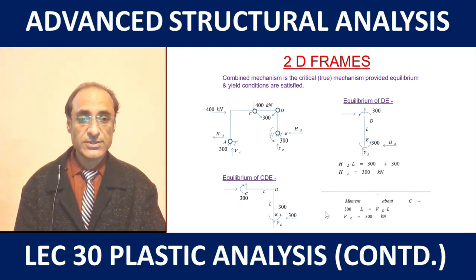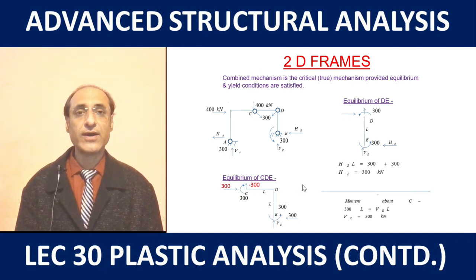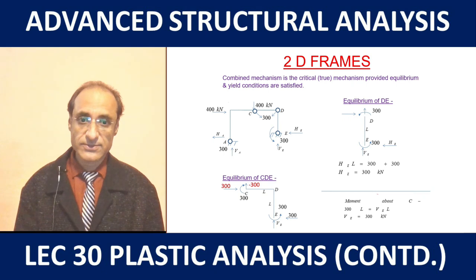So from this we can get the vertical reaction at E, and once we have both the horizontal and the vertical reactions, then we can get the remaining unknowns also. These are 300 and minus 300. So minus 300 means that the direction is the opposite of what we have assumed here, so that will be downward. So this is how we have solved for the right part of the structure.